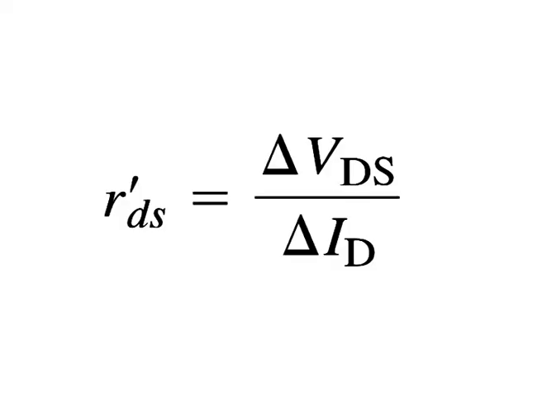The ratio of these changes is the AC drain to source resistance of the device and is given by this equation, where rds is equal to change in VDS over change in ID. Data sheets often specify this parameter in terms of the output conductance gos or output admittance yos for VGS equal to 0 volts.